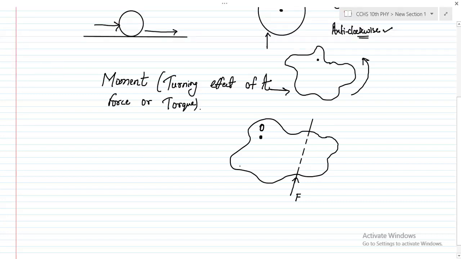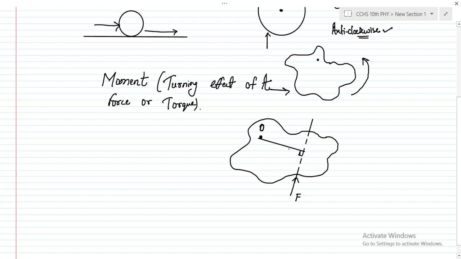Now it says we have to drop a perpendicular to the line of action of force from this pivoted point. So this is the perpendicular, that means this is making 90 degrees.